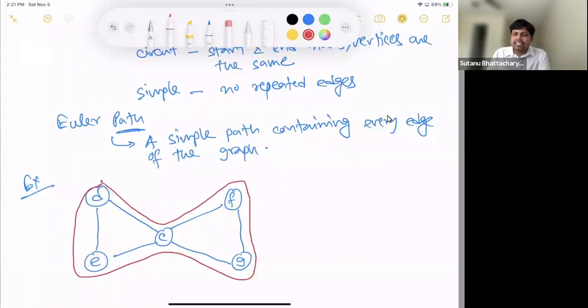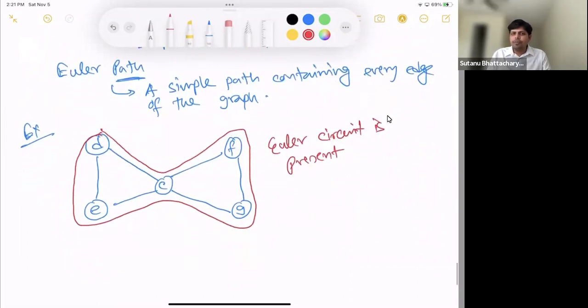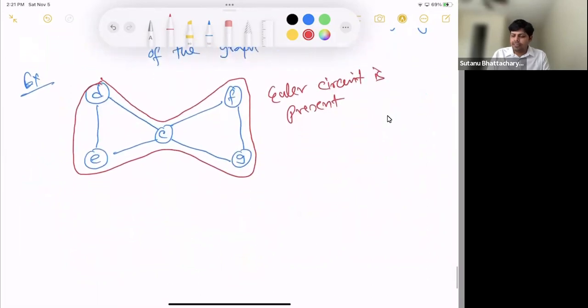So there is an Euler circuit in this graph, because you have found one simple circuit covering all edges exactly once. So yes, Euler circuit is present. And if there is an Euler circuit, obviously there will be an Euler path.